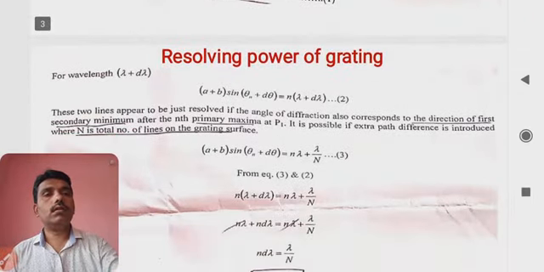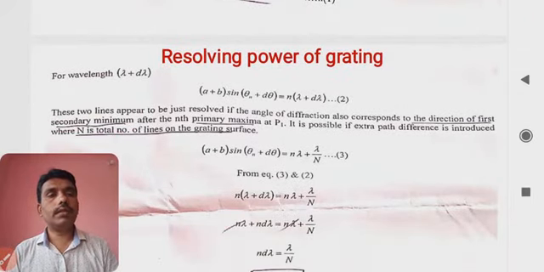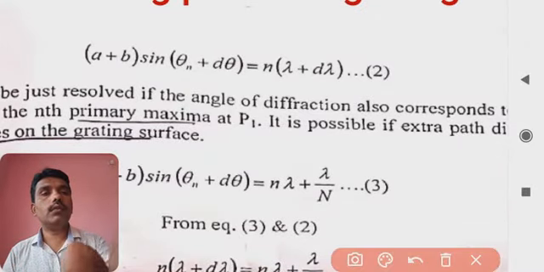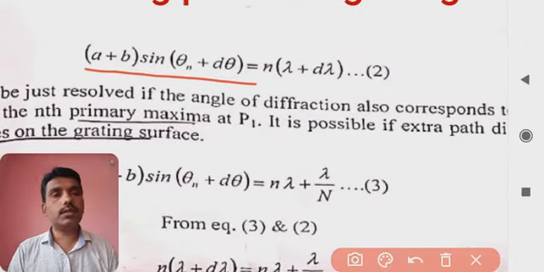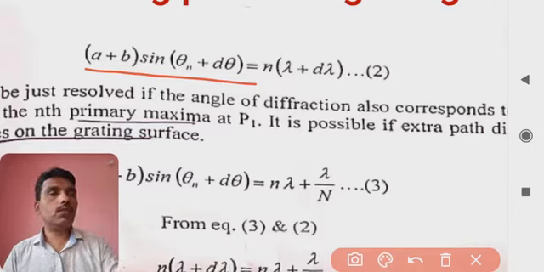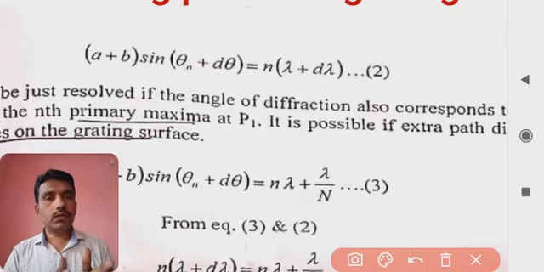And for the wavelength lambda plus d lambda, the same relation is (a plus b) sine of (theta n plus d theta) is equal to n into (lambda plus d lambda), for the nearer spectral line.